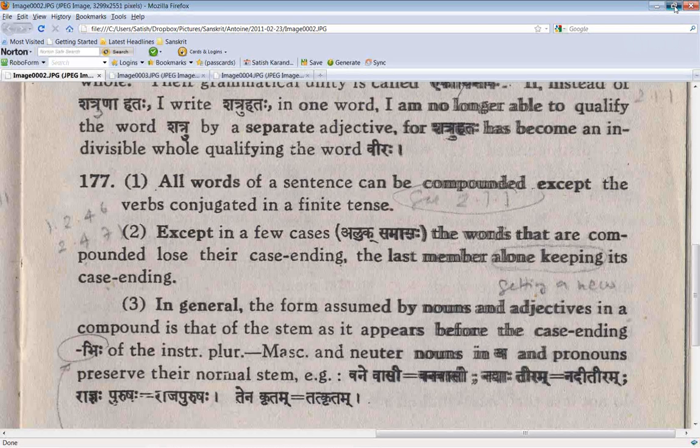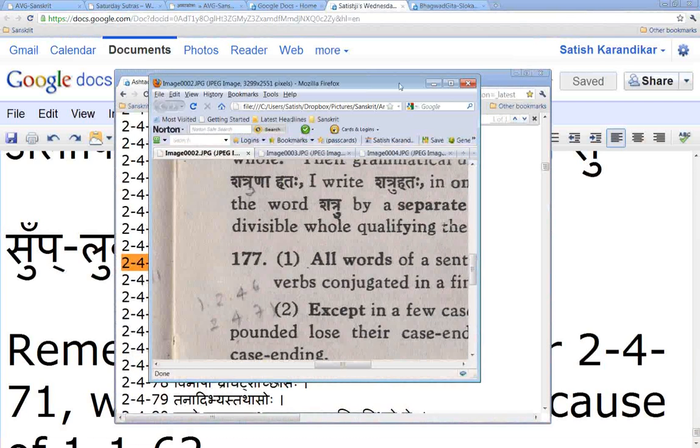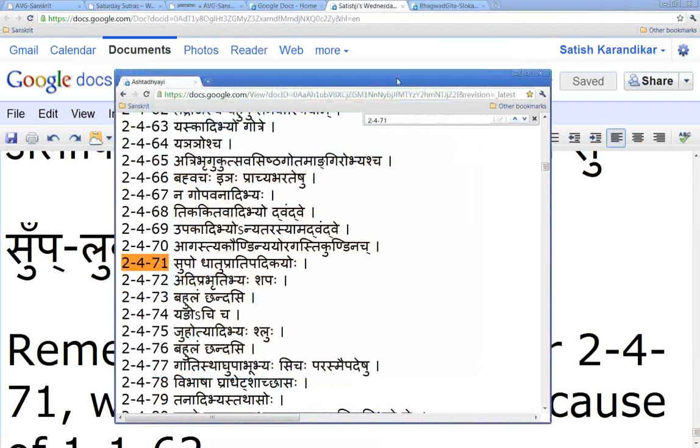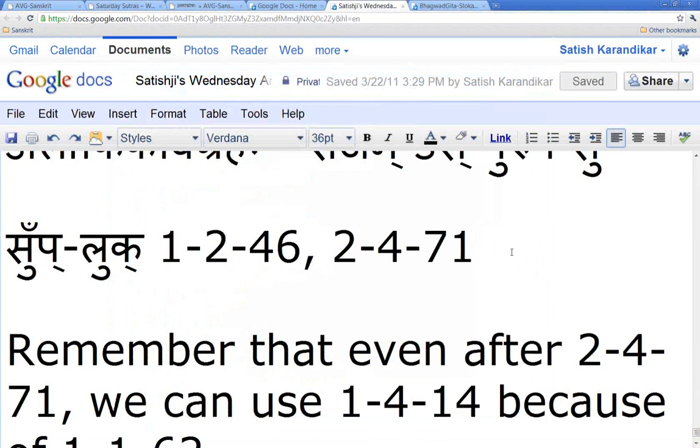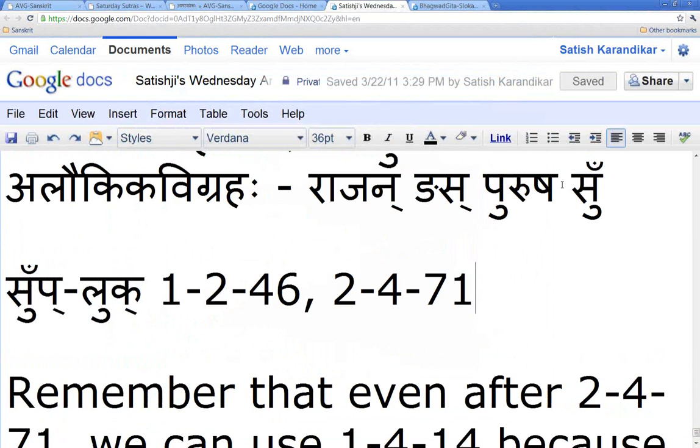For example, if you look at the compound Raja Purushaha, if I say Raja Purusham Pashyami, looking at the policeman or whatever it might be: even though Raja Purusha had Purusha plus Su, this Su will take luk, and then you get the new sup after the entire Samasa. That sup will not be inside the Pratipadikam. So when I say Raja Purusham Pashyami, Raja Purusha becomes Raja Purusham. That will not take luk by 2-4-71.